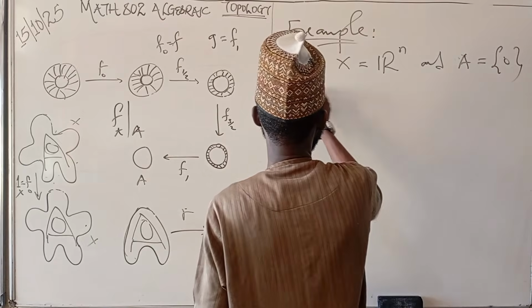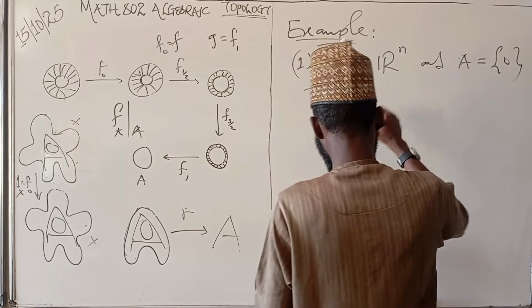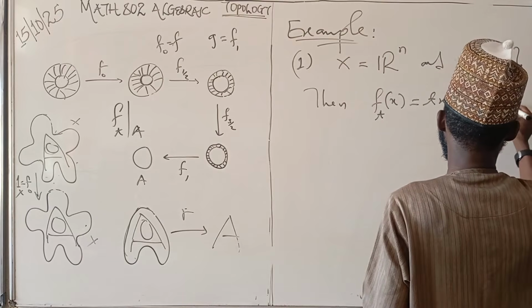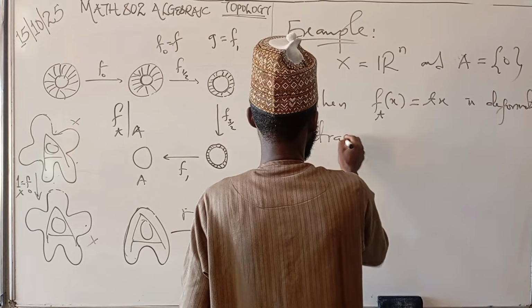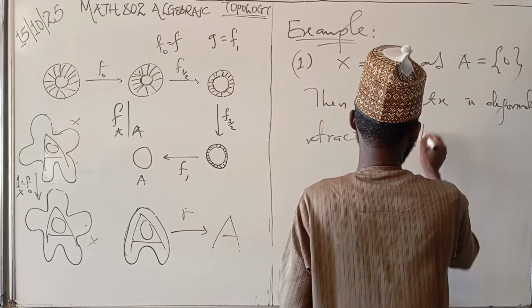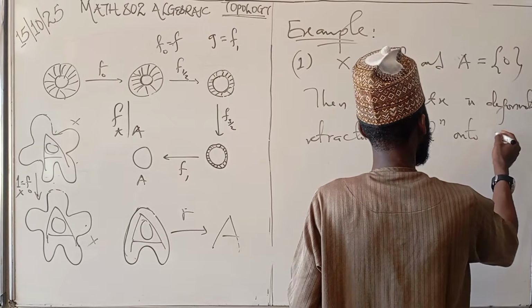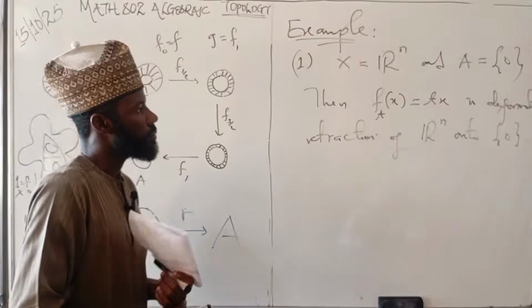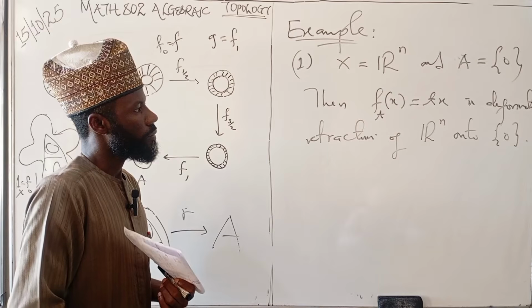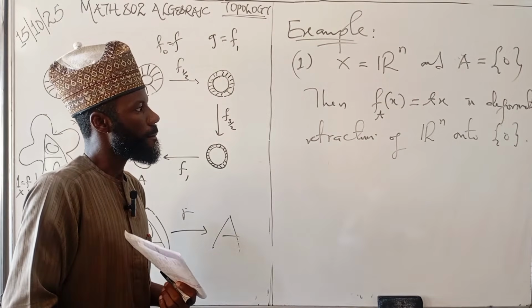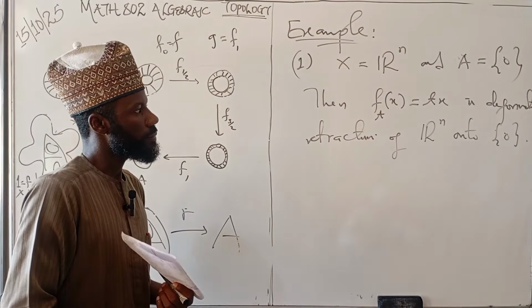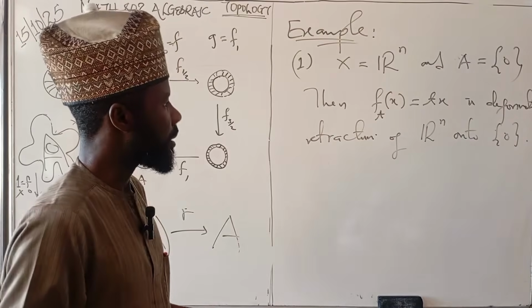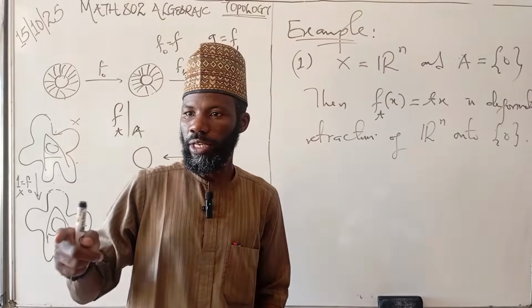Okay? Then Ft of x equal to tx is a deformation retraction of the entire space onto A. Do we have, how do you define deformation retraction?